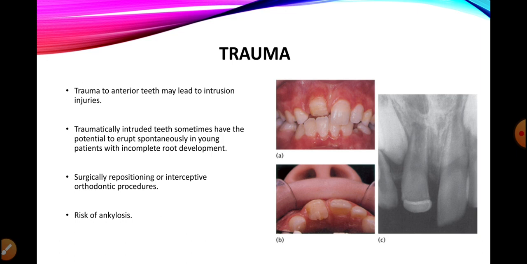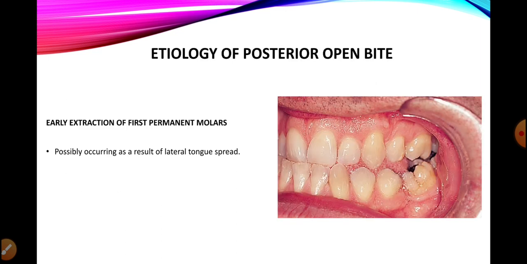Whereas in cases where there is no spontaneous eruption and no ankylosis, the teeth can either be surgically repositioned or brought orthodontically into the arch. So by now we have discussed all the etiological causes of anterior open bite.